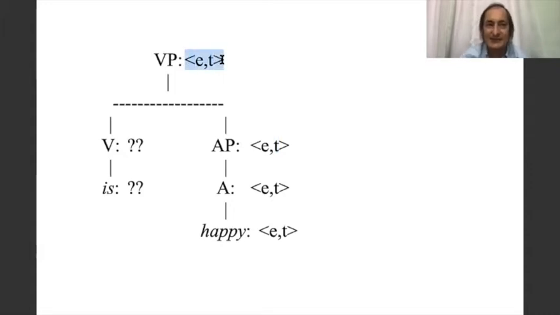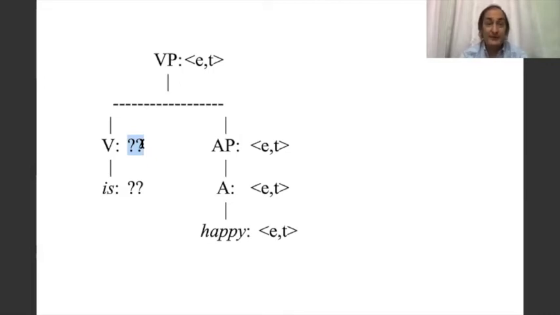It's a type ET expression. So that basically tells us we cannot take the AP to denote the function that applies to the verb is as its argument. This is going to have to be some other type.